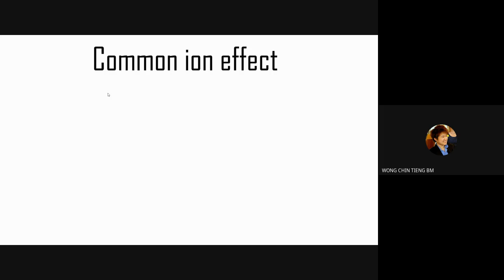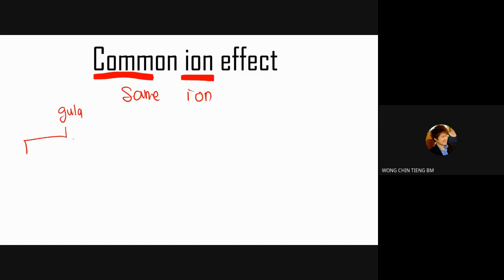Tapi sebelum saya bagi steps tu, saya nak tanya satu benda je. What is actually common ion? Common ion. Same ion, betul? So, that is actually the same ion. Dan saya bagi analogi yang sangat-sangat senang. I have sugar.